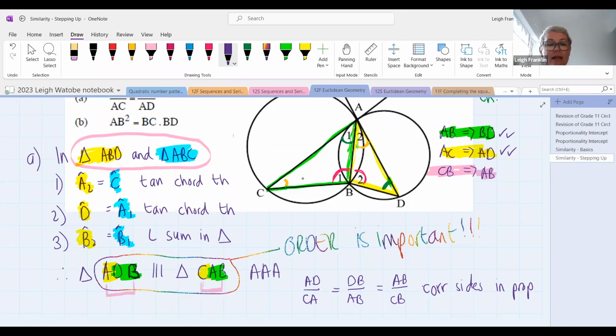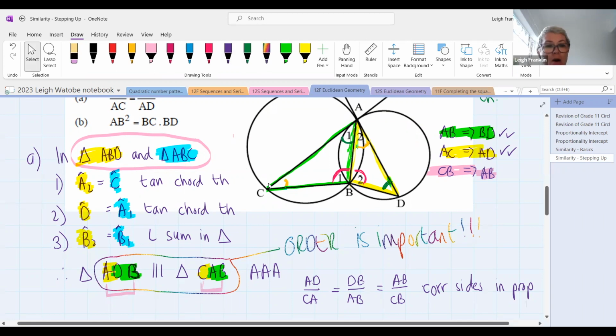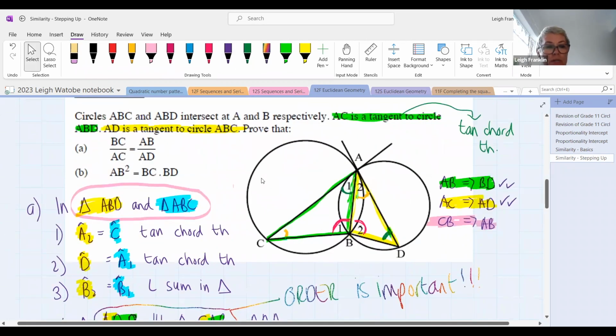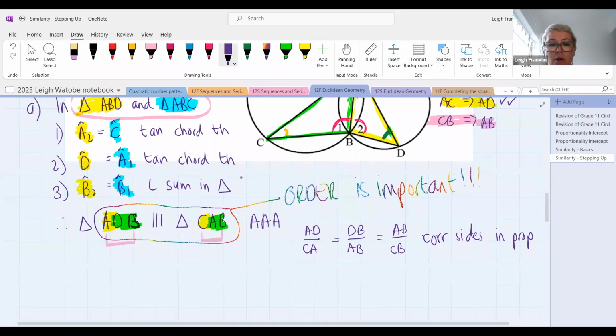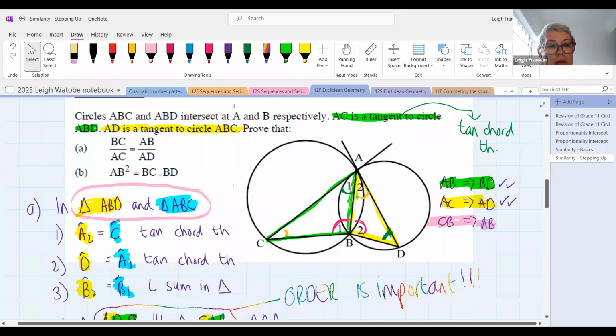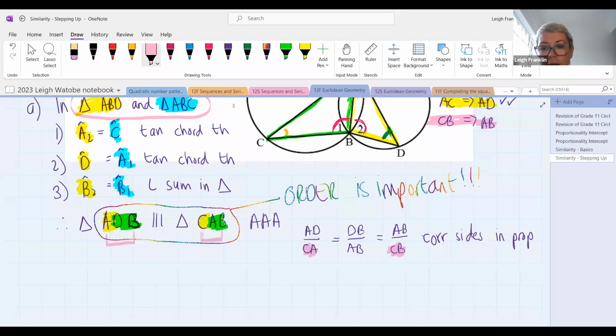Now let's just go back and compare our answer to what they wanted us to prove. So they said BC over AC, so there's BC and there's AC, over AB over AD. There we go.